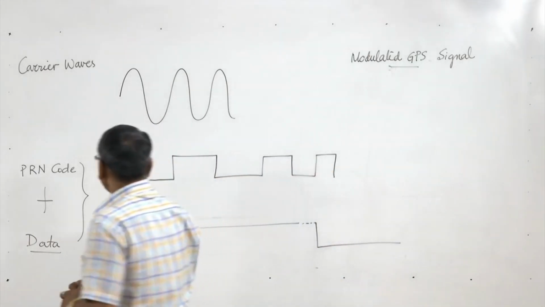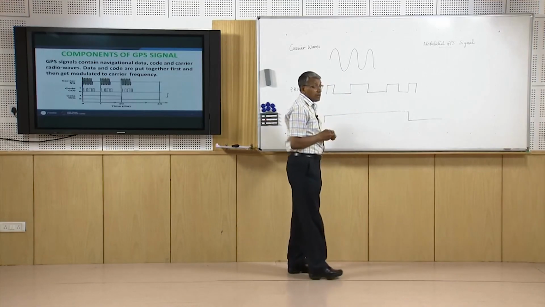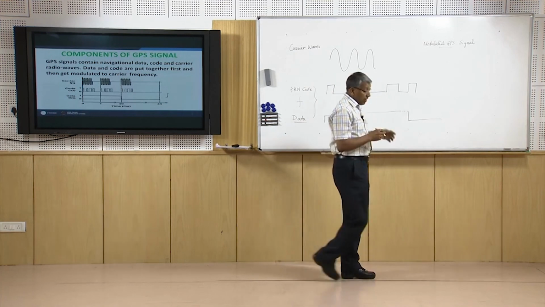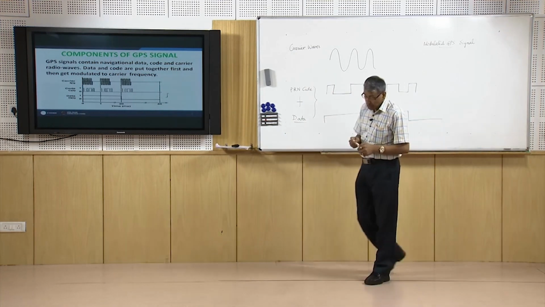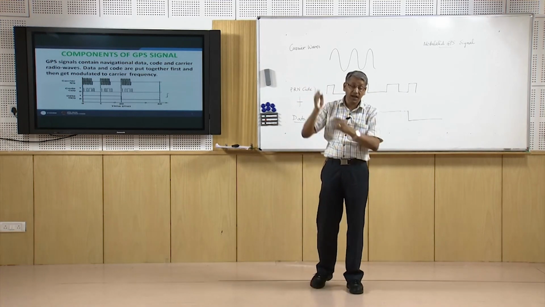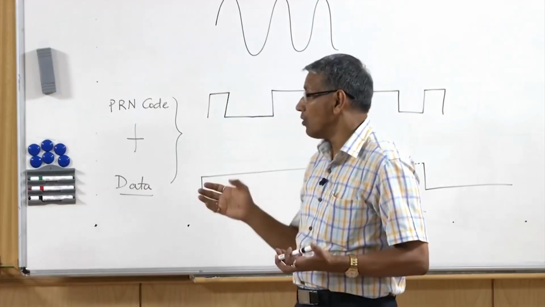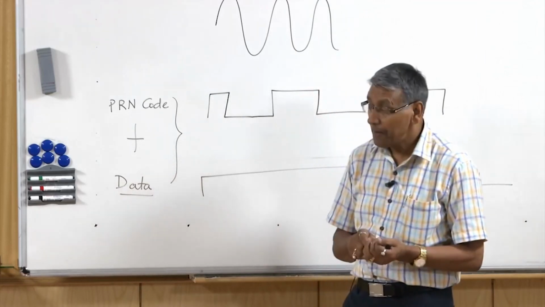Now the carrier waves help in transmitting the GPS signal from satellites to the receiver without getting lost in the atmosphere.